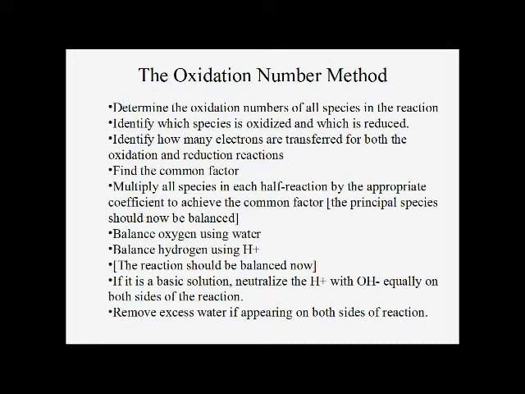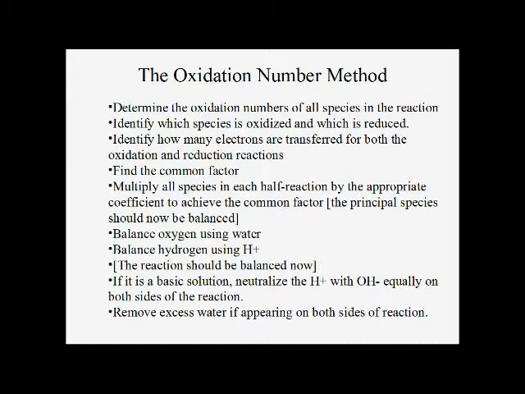So the first method, the oxidation number method, is probably the simpler of the two methods, as long as you keep track of the numbers properly. So what we do first is we identify all the oxidation numbers. We identify what is oxidized and reduced.